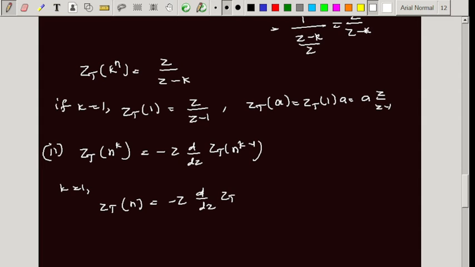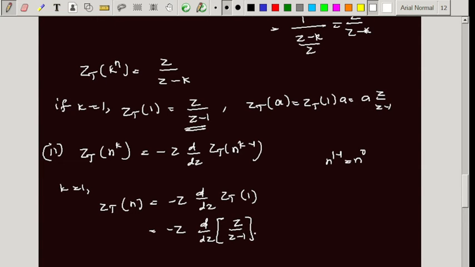If we substitute, n power 1 minus 1 gives n power 0, and n power 0 is nothing but 1. So first we must know the formula of z transform of 1. So z transform of 1 is nothing but z divided by z minus 1.